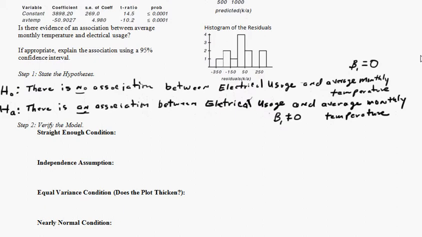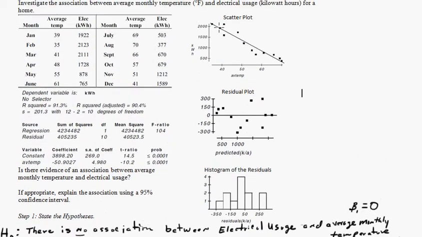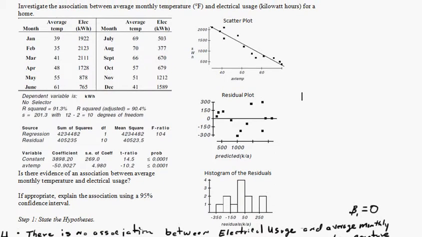Okay, so let's look at the conditions. The straight enough condition is the first thing we have to check. We look at the scatter plot, and of course we're kind of biased right now by this line that they put through, but typically you don't have the line yet. So you look at the scatter plot and sort of justify that it makes sense to put a line through it so we can obtain the residuals.